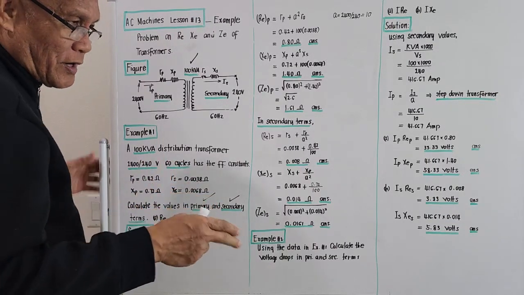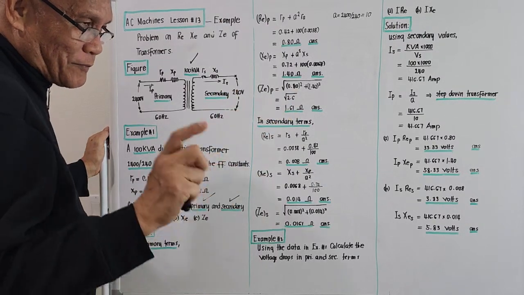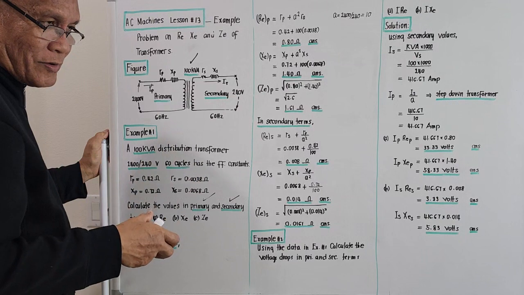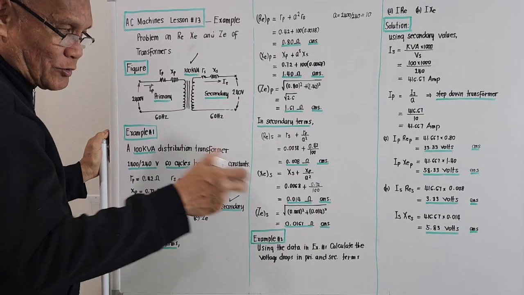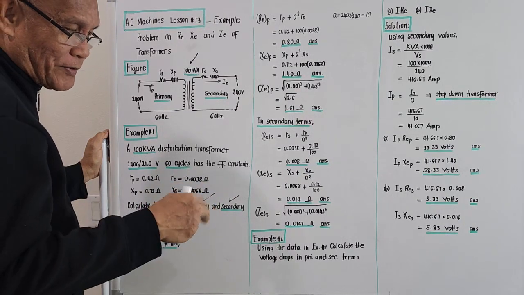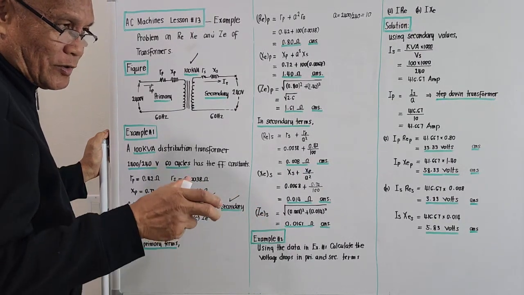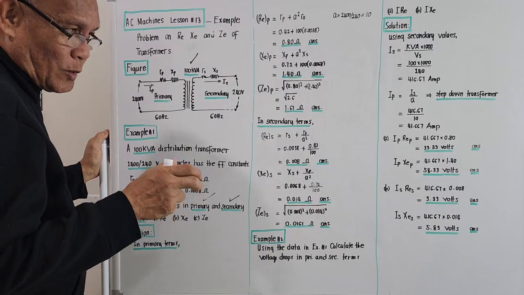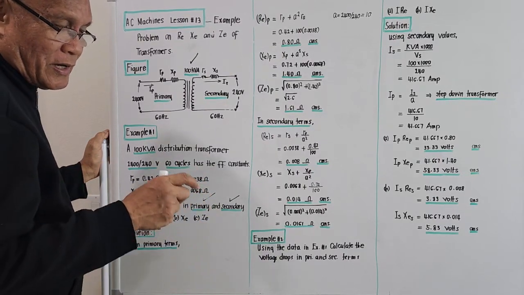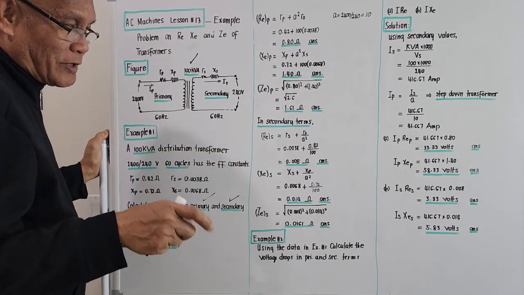If the percent regulation is high, there will be a problem with the transformer. If the percent regulation is low, it is a good transformer. Later on, when we bring out a problem regarding percent regulation, we could visualize what I'm saying, that a low percent regulation is a good transformer and a high percent regulation is a bad transformer.